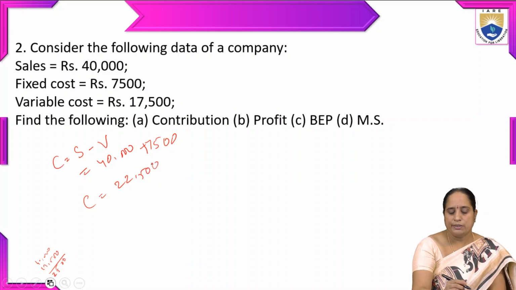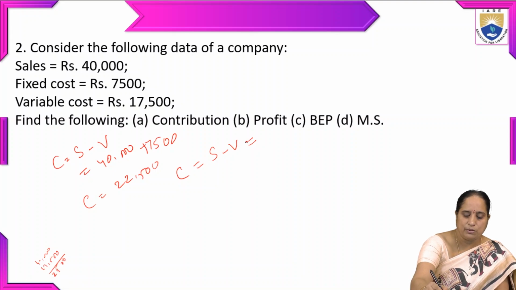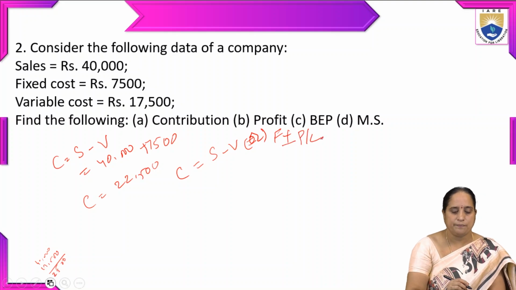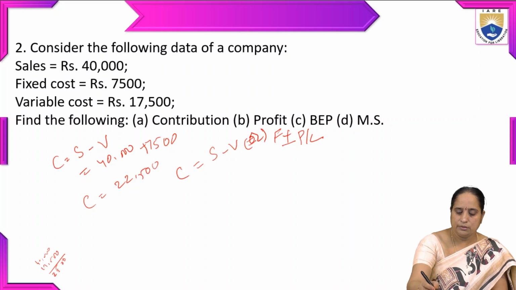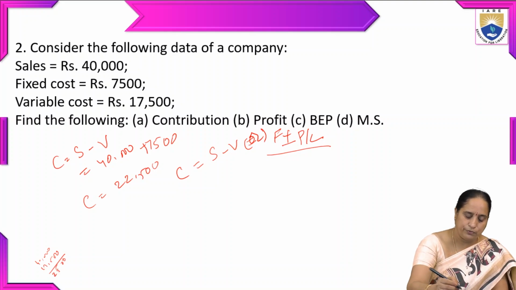Then next we have to find out profit. Contribution can be derived by using the formula contribution is equal to sales minus variable cost, or it can also be found as fixed cost plus or minus profit or loss. Here we have to apply this formula because we know fixed cost and we know the contribution value. Based on that, we can find out profit.